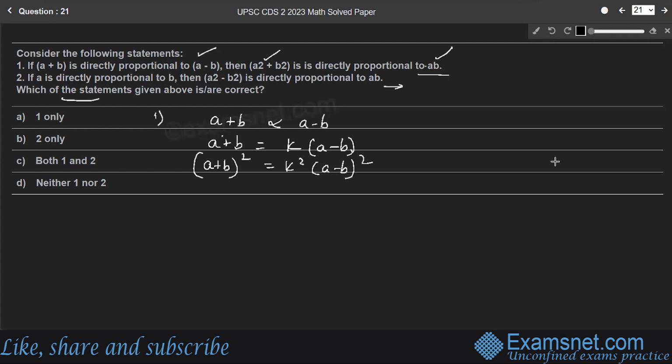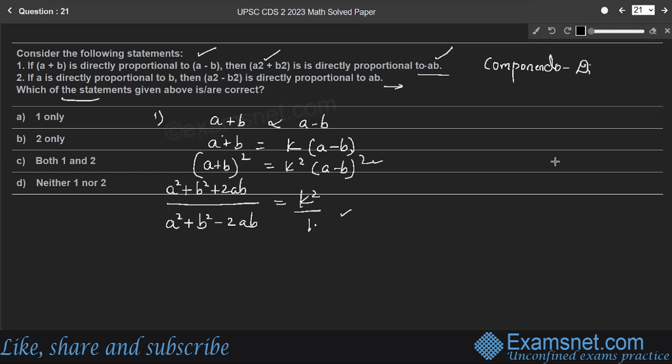Or expand this, a plus b whole square is a square plus b square plus 2ab. Right? Take this a minus b square to the left hand side. It becomes divided by a minus b square, that is a square plus b square minus 2ab is equal to k square. I'll write it as k square by 1. Right? To this equation, we'll apply the componendo dividendo rule.